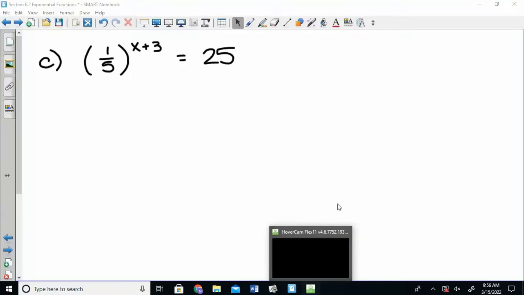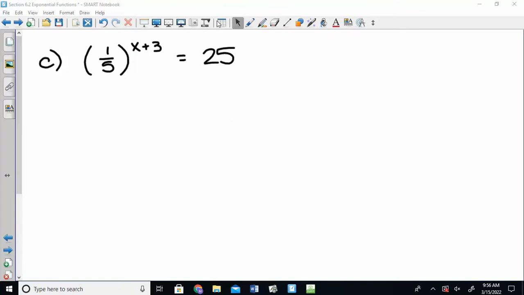Could we flip 1/5? Yeah, we can flip one. If you flip 1/5, you want to write it as a 5 to what power would flip it? A -1.